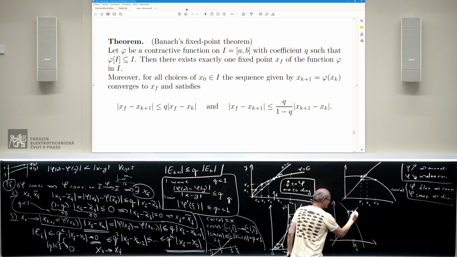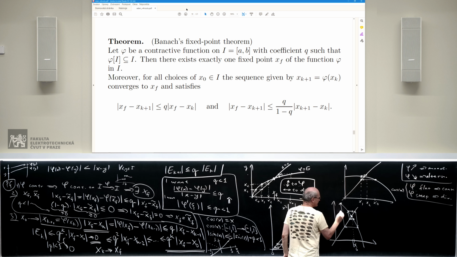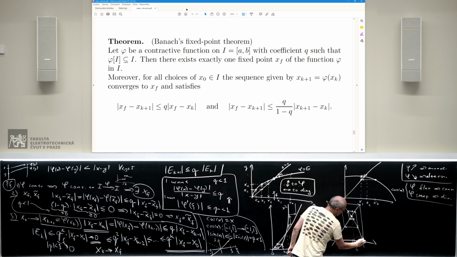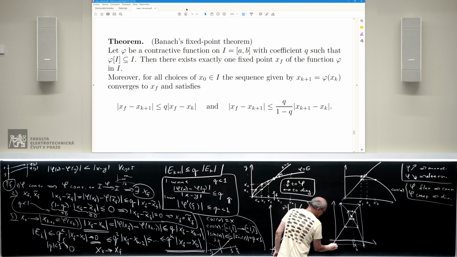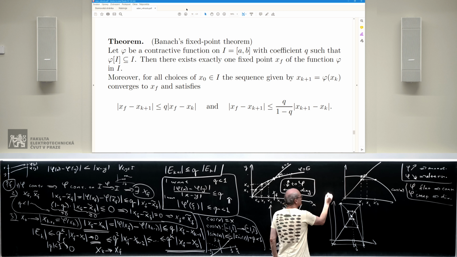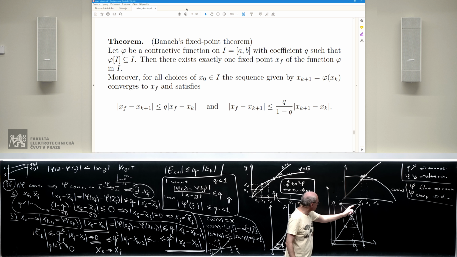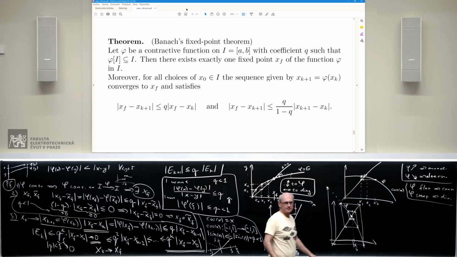Horizontally to the diagonal, vertically to phi. Well, you can see the message. Again, there is a spiral happening here, but it's unwinding. It's going away from the fixed point because the function phi, which is over here and over here, is steep.